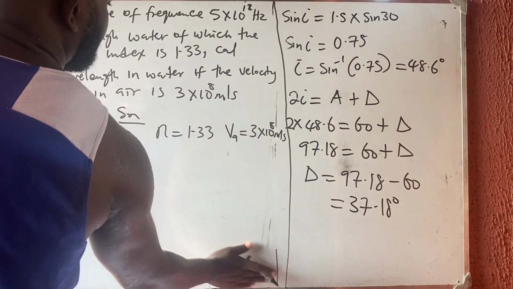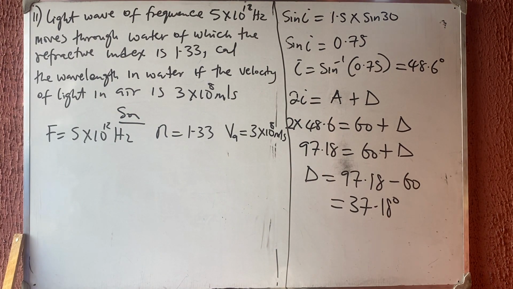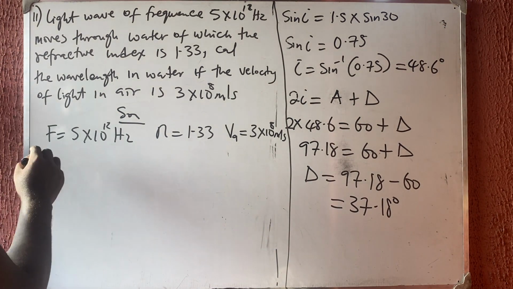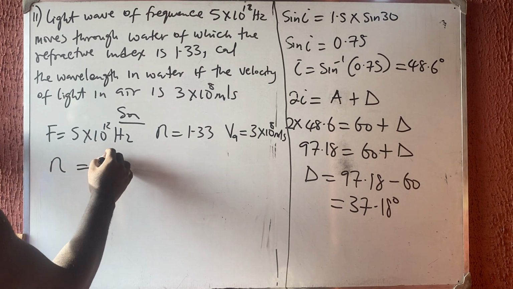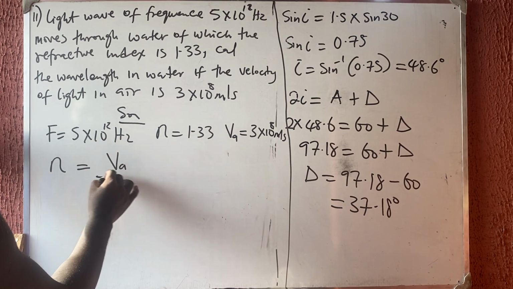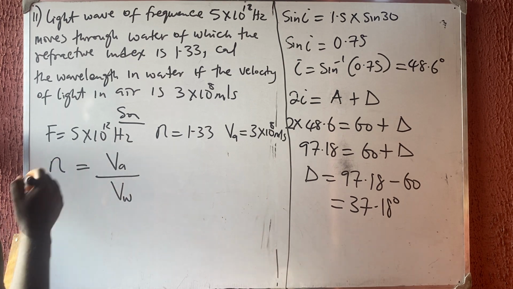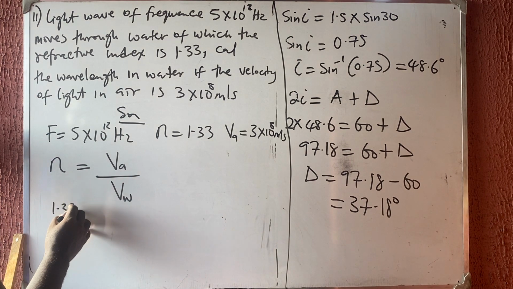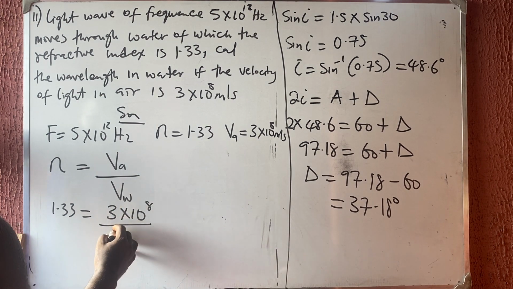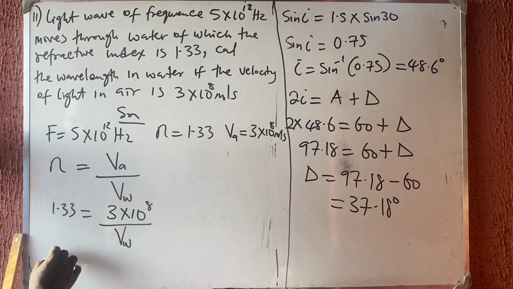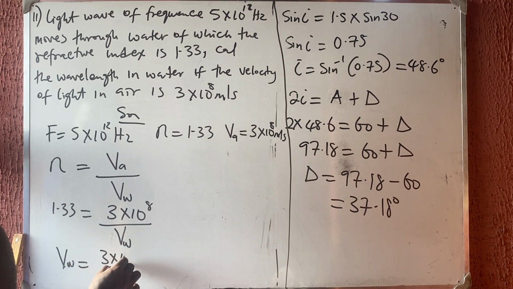Refractive index is equal to velocity in air over velocity in water. So 1.33 is equal to 3 times 10 raised to power 8 divided by velocity in water. So my velocity in water is equal to 3 times 10 raised to power 8 divided by 1.33.